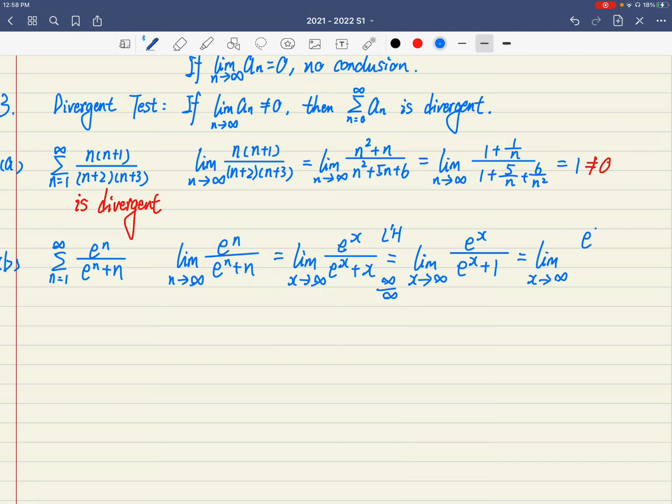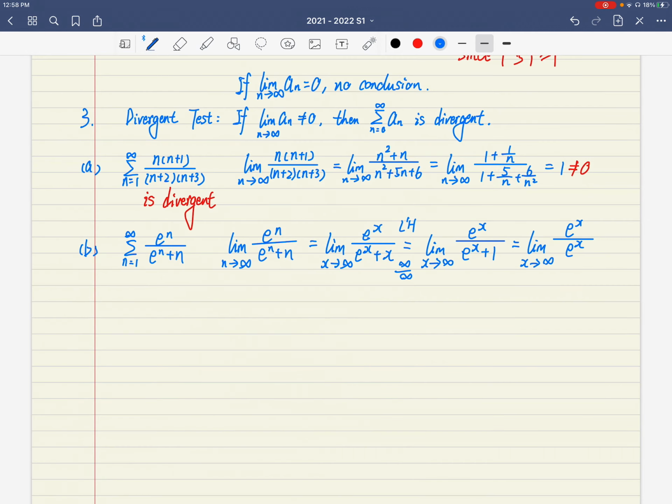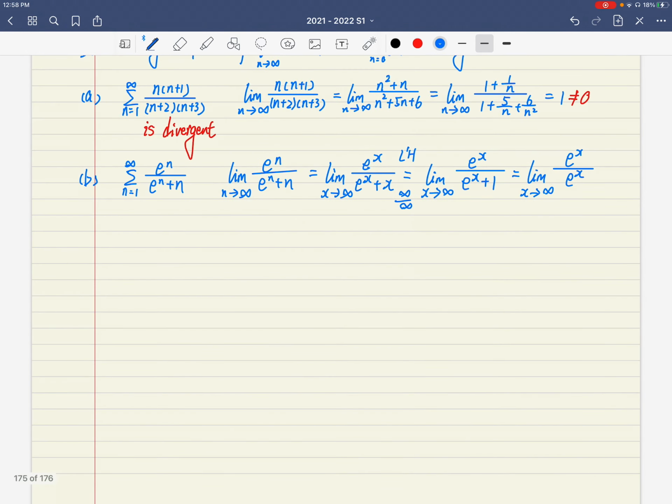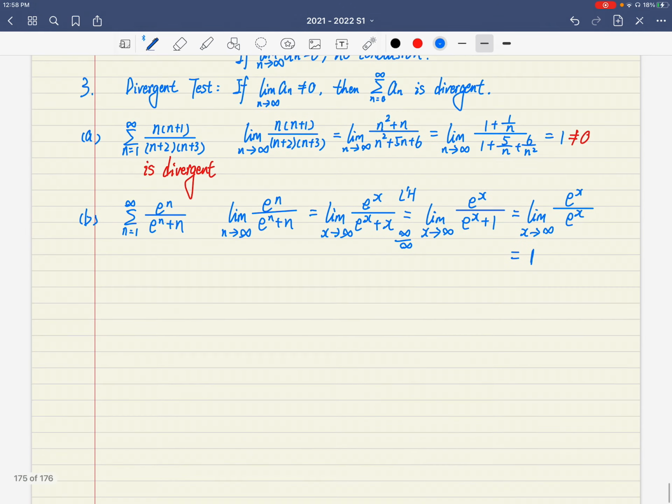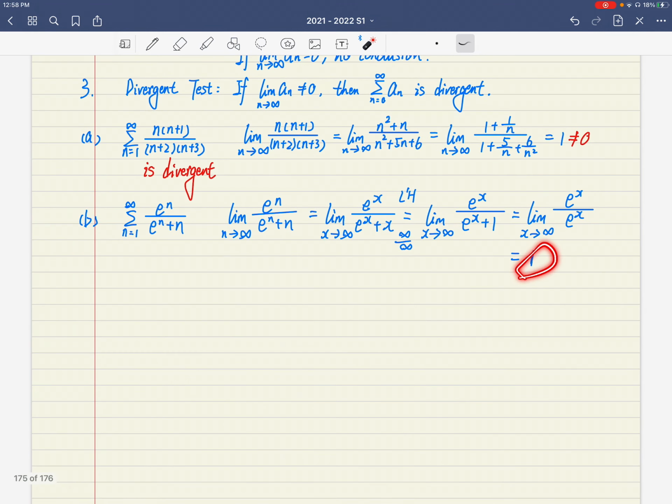The derivative of e to the power of x on top is itself. The derivative of the bottom, e to the power of x plus 1, is e to the power of x. Now the top and the bottom cancel out, so the result is 1. That means the sequence is convergent, because the limit is 1, a constant.